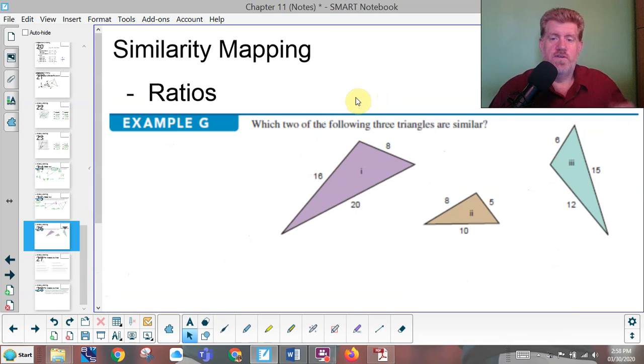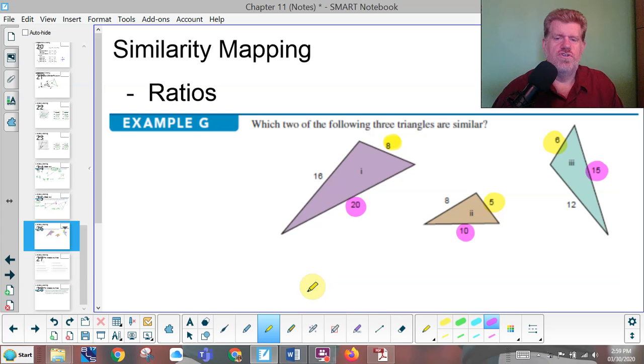All right, which 2 of the following 3 of these are similar? So if you look at them, just kind of get some ideas here. Let's look at the smallest sides: 8, 5, and 6. All right, let's look at the biggest ones and see what we can do: 20, 10, 15.